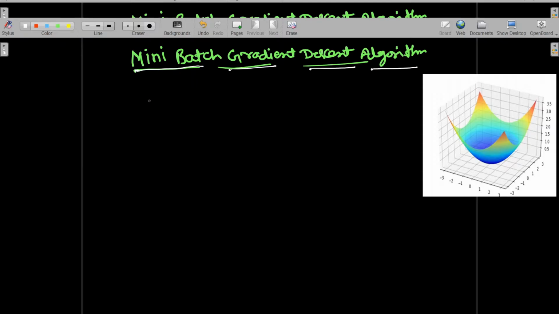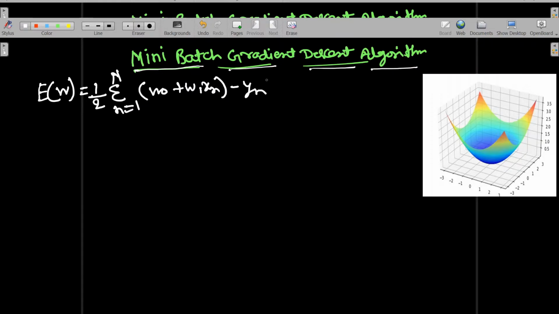So let's start. As we know, we have an error function, which is E(W) = 1/2 summation of n equal to 1 to N of (W0 + W1 xn - yn) whole square.